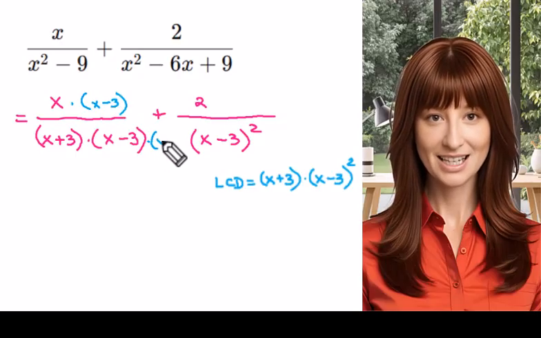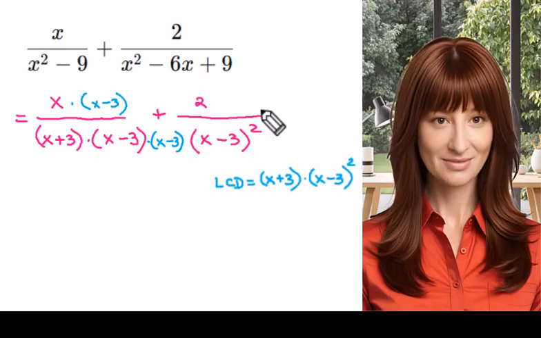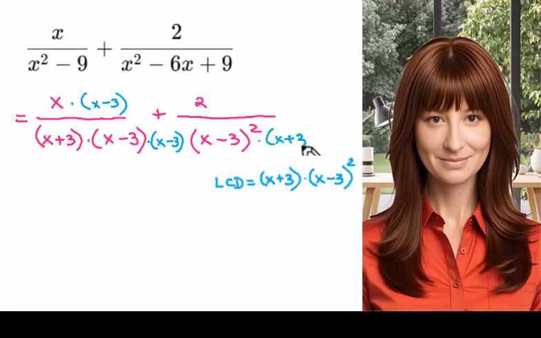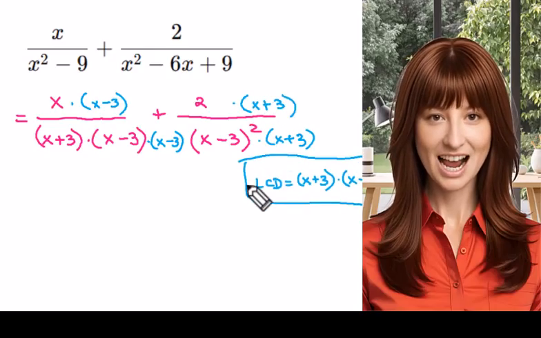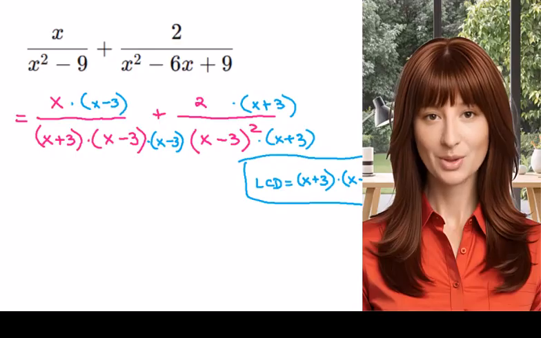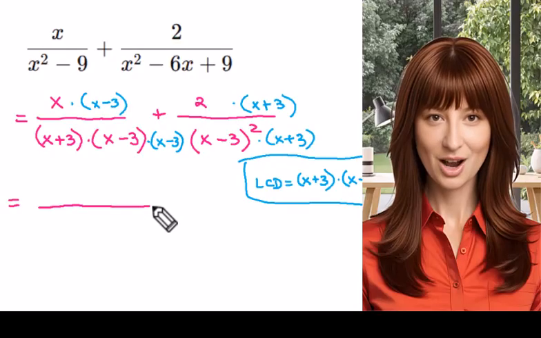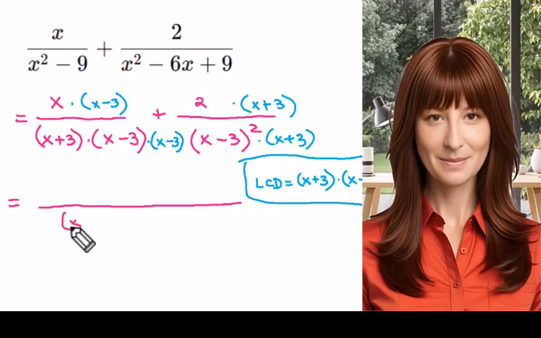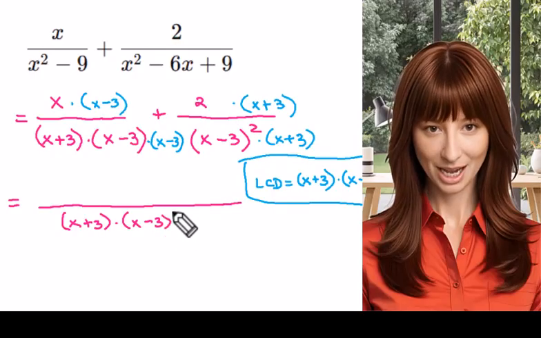And then the second fraction, we need to multiply it by x plus 3 to get to our least common denominator. Now that we have the same denominator, which is equal to the LCD, we can copy the common denominator. So our new denominator will be x plus 3 times x minus 3 squared.